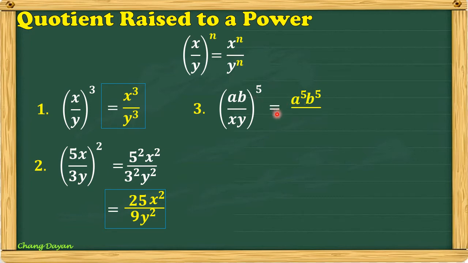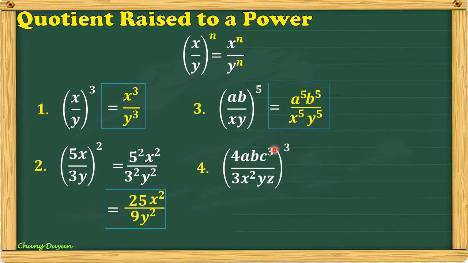All over, erase natin ang x sa 5, ganun din ang y. So, our answer here is A raised to the 5th power, B raised to the 5th power, all over x raised to the 5th power, y raised to the 5th power.